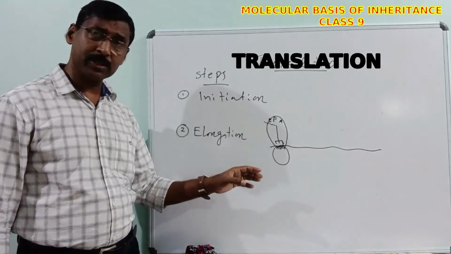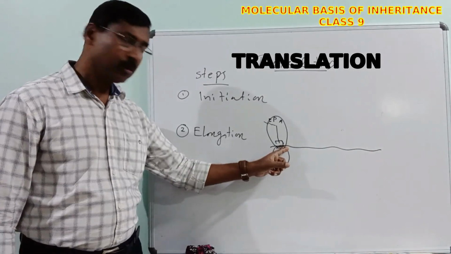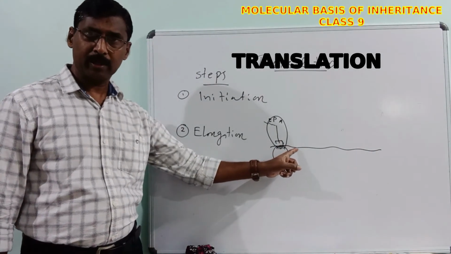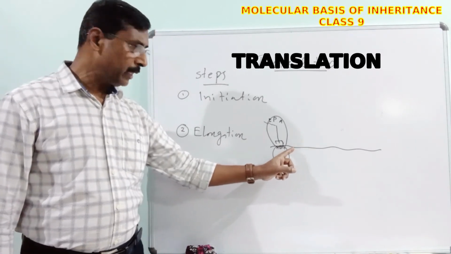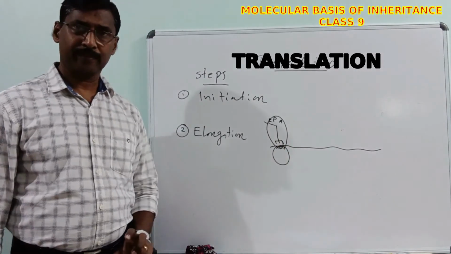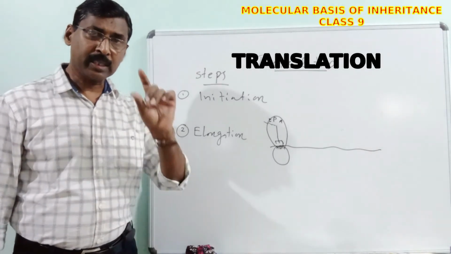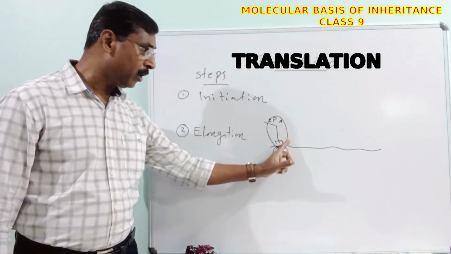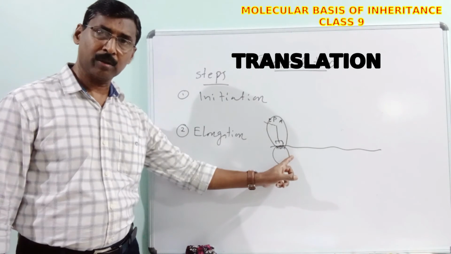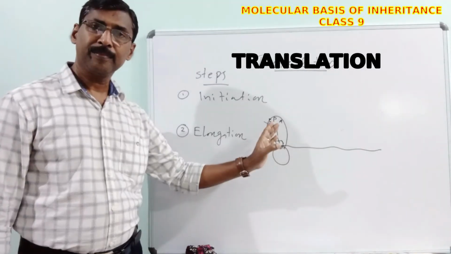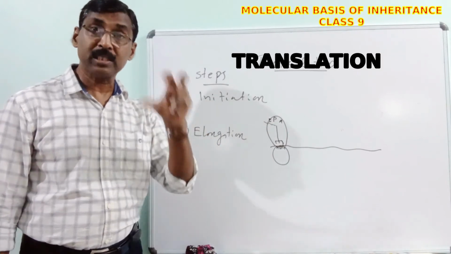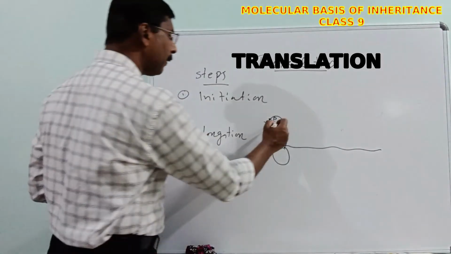What should be the second amino acid? That depends upon the codon here. So by reading the codon, the transfer RNA with the anticodon to that codon comes with its amino acid.